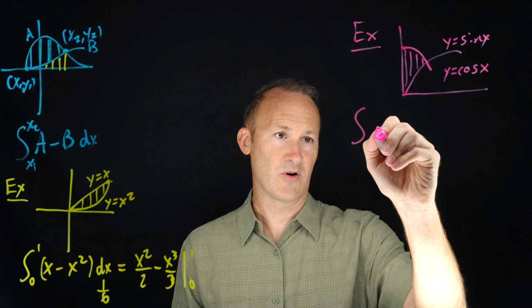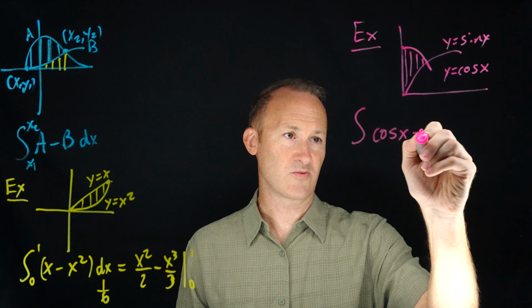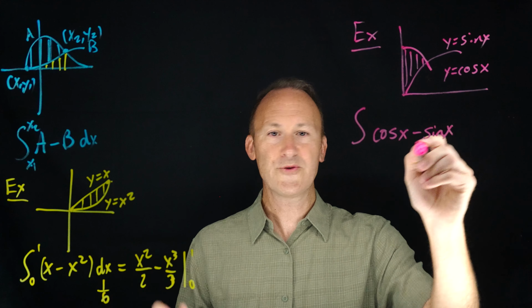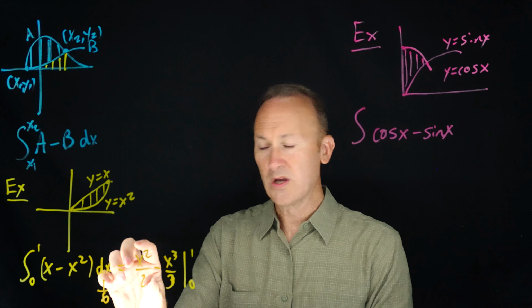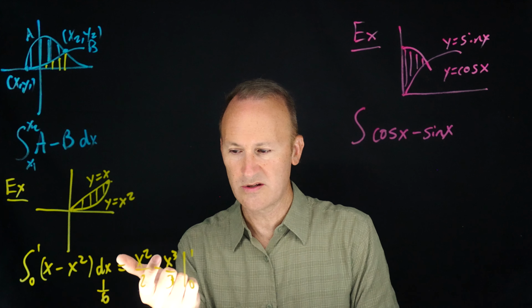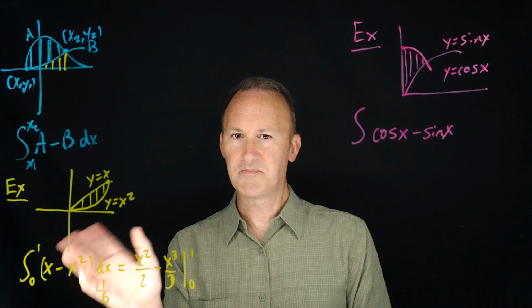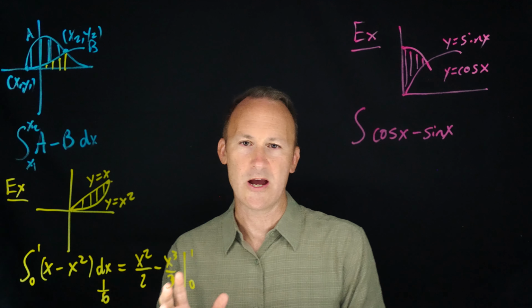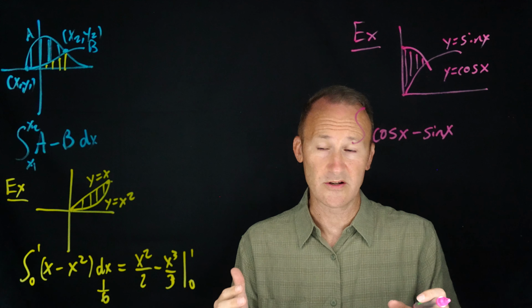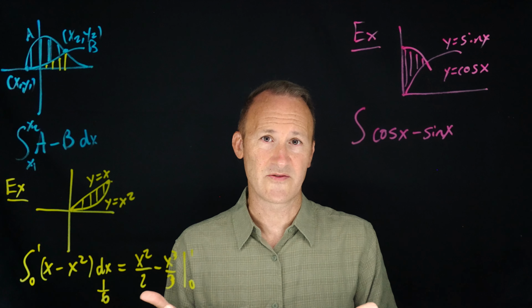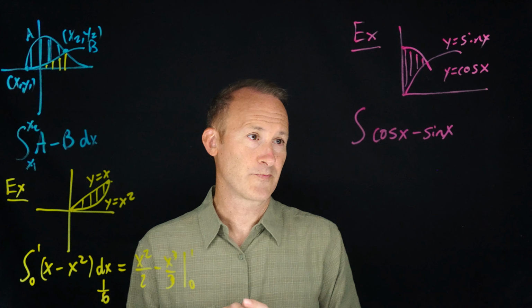We'll talk a little bit more about it, but what if you get it wrong? If you get it wrong, it's going to be reversed, and you get like negative 1/6, but area is always positive, so it's okay. You can just make it positive. Area is, in fact, the absolute value.